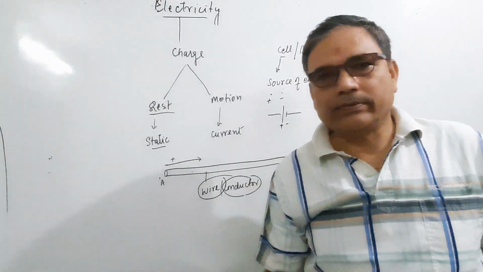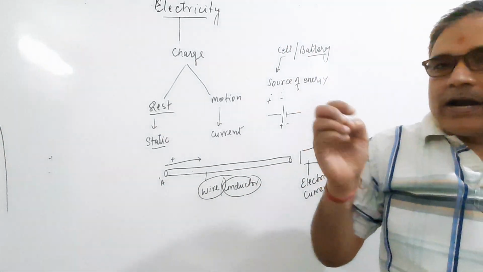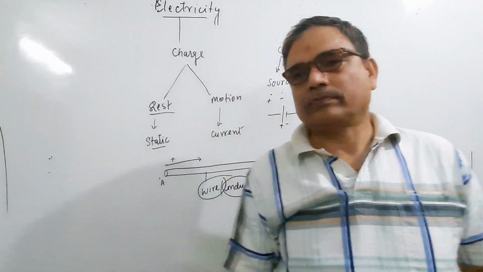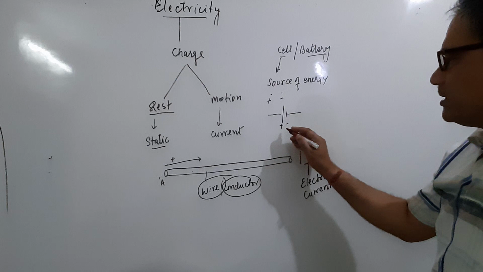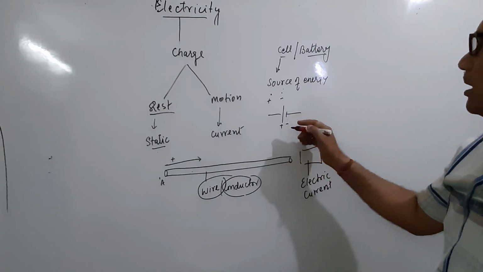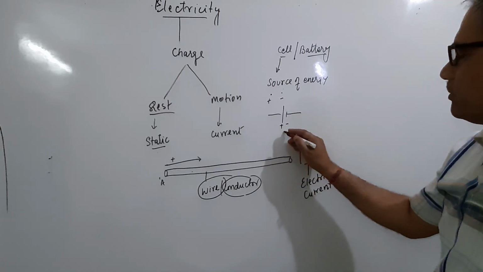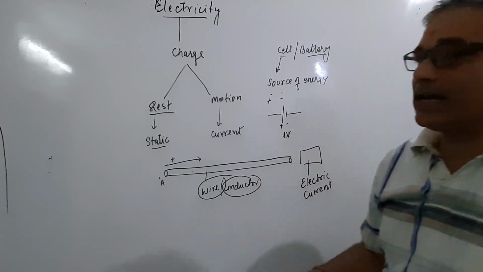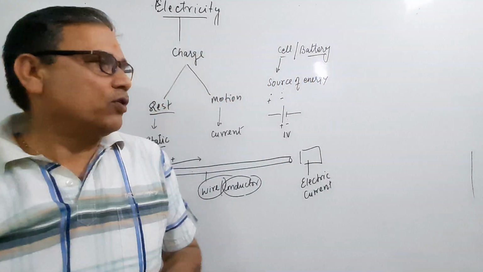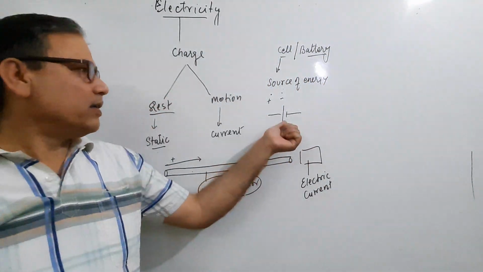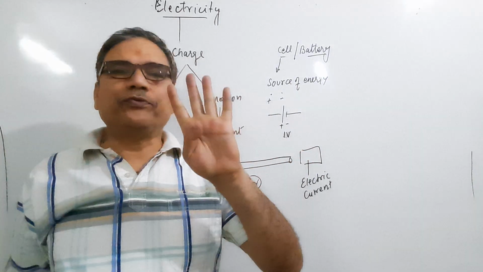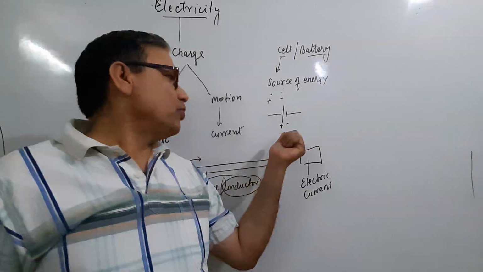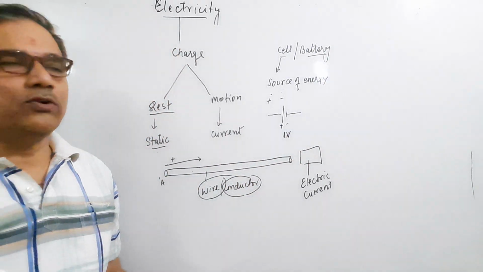We can say the battery is the combination of two or more cells. If one cell has a potential of, say, 1 volt, and 3 cells are combined together, which we will discuss later on, what is the total voltage?